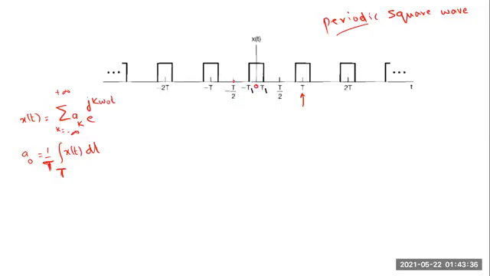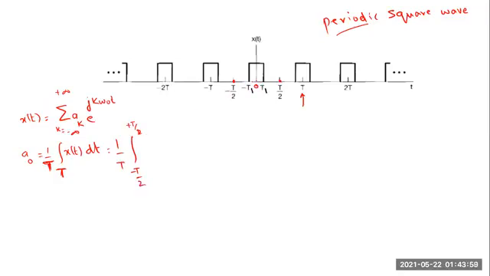I can start from minus T by 2 and go up to plus T by 2. So I will say 1 over T and from minus T by 2 to plus T by 2. Of course, you can take any interval you like.